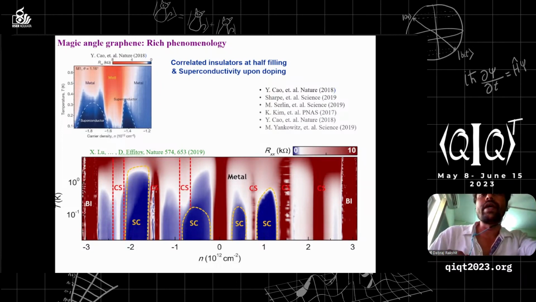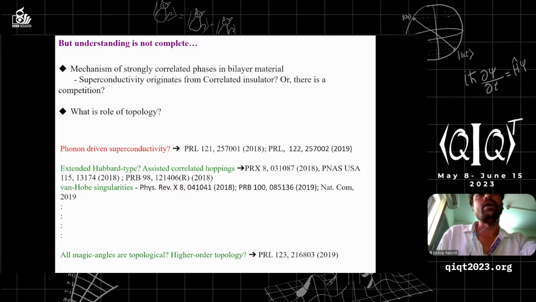Then it was followed by a lot of other interesting experiments, and people tried to understand what's happening. The superconducting phase that they get is actually not the conventional superconducting phase that we usually talk about; there are different aspects of unconventional superconductivity going on. So there are these interesting questions now: what is the mechanism of these strongly correlated phases in this bilayer material that we are talking about?